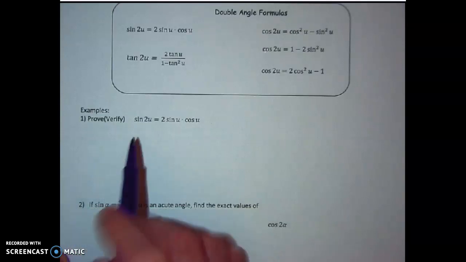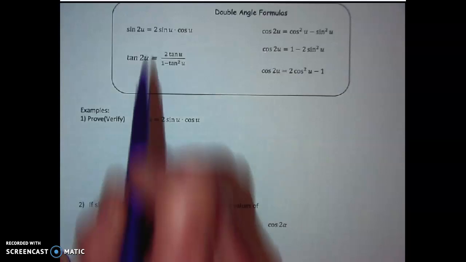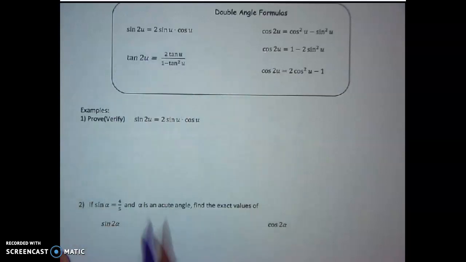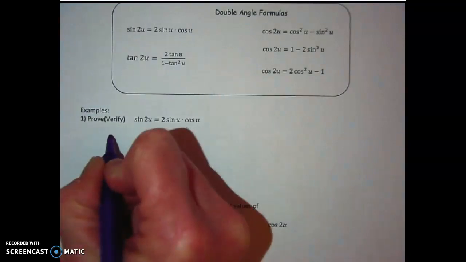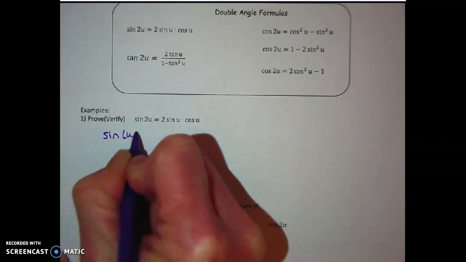Prove or verify that the sine of 2u equals 2 sine u cosine u. So it's basically asking us to prove the first of the double angle formulas. We're going to start by rewriting, instead of sine of 2u, this as sine of u plus u.